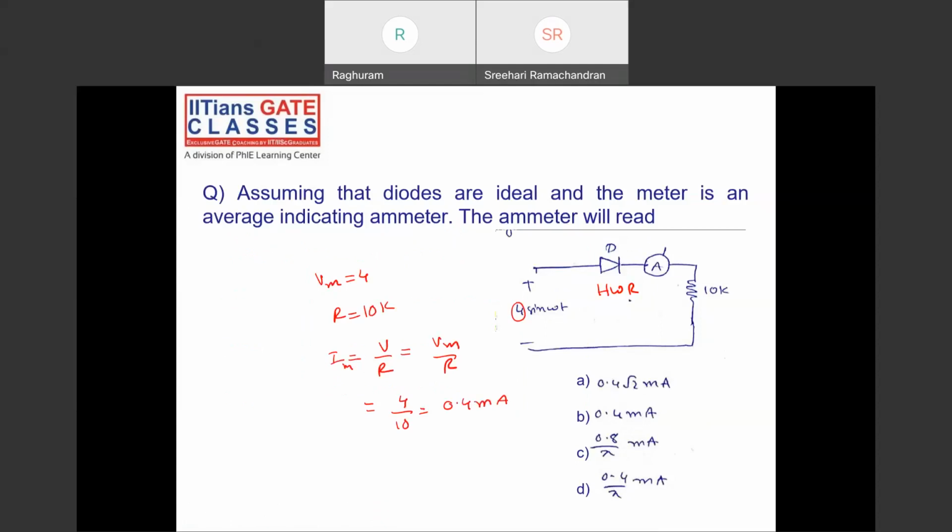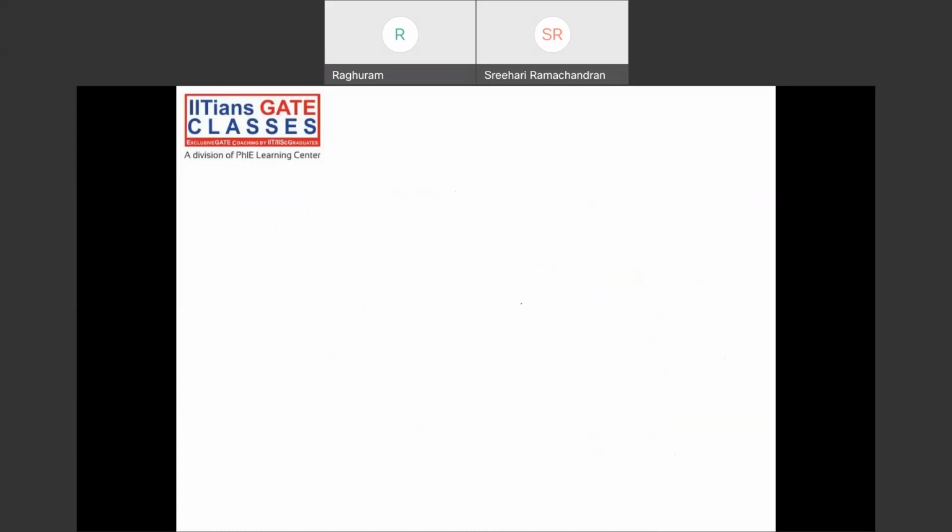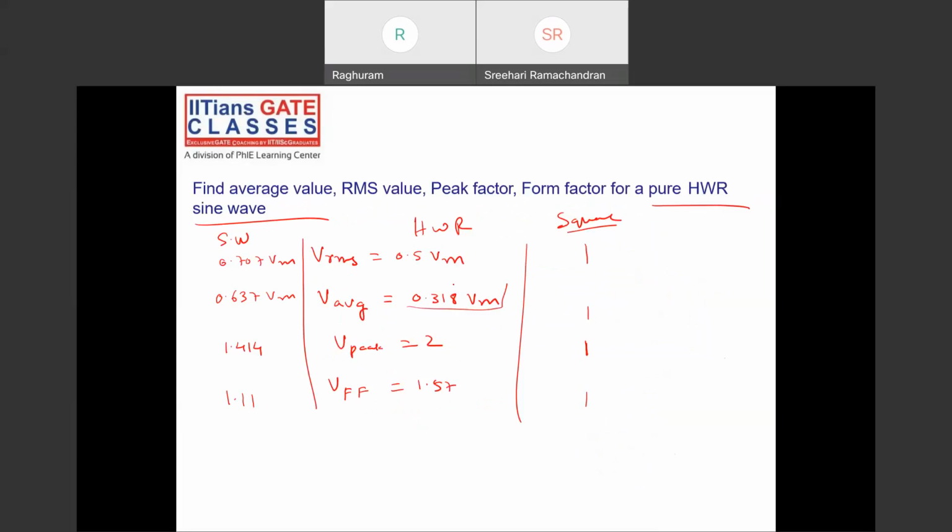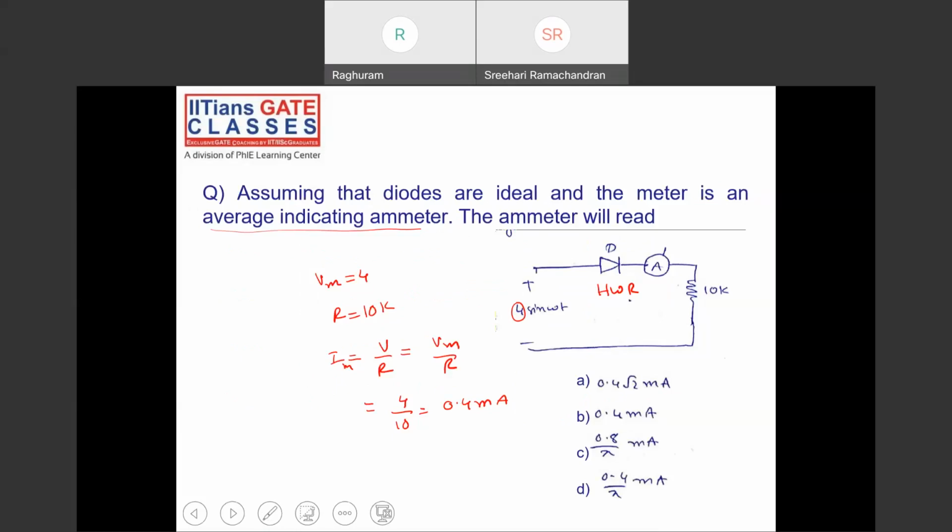Okay, but this is the maximum value. I need the average value. This is an average indicating ammeter. So what is the average value? 0.318 times Vm. So find it. 0.4 by pi.